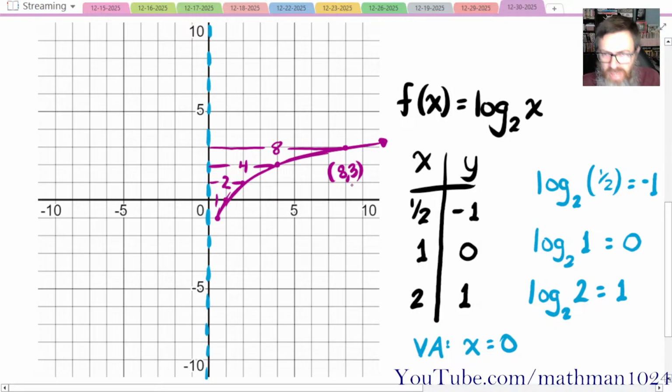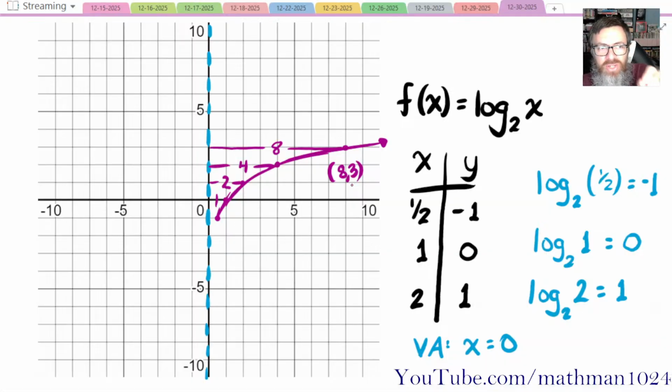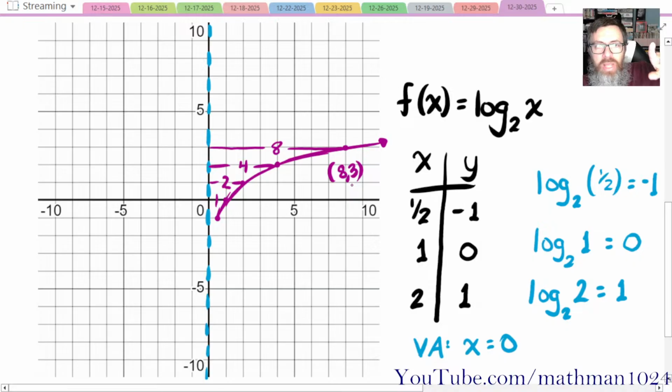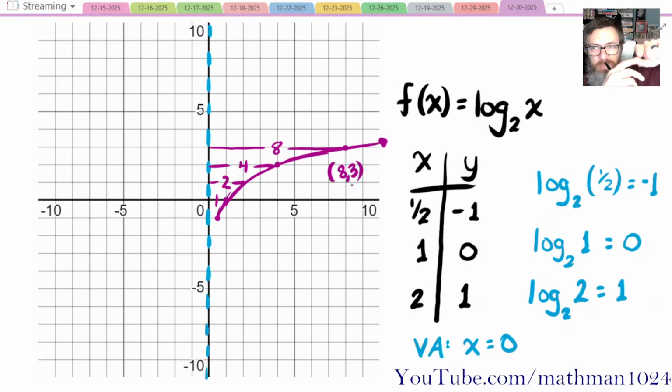The next nice point that this guy has is you'd have to go all the way up to 16 just to be up at 4. You'd have to go up to 32 and you'd be up 5 units. So it's taking a very, very long time to grow. And for it to go from 5 to being 10 units tall, you'd have to go all the way up to 1024. So that's a pretty big jump.